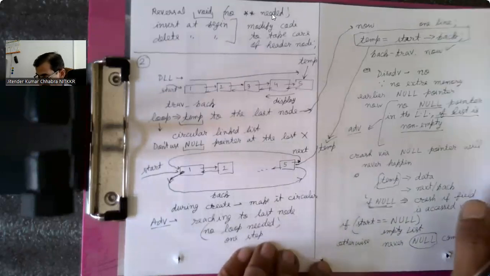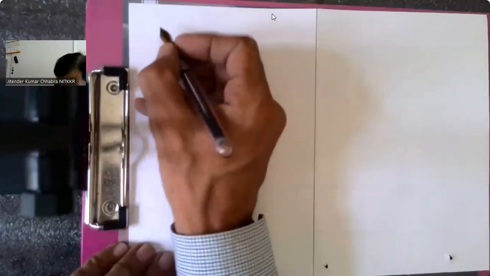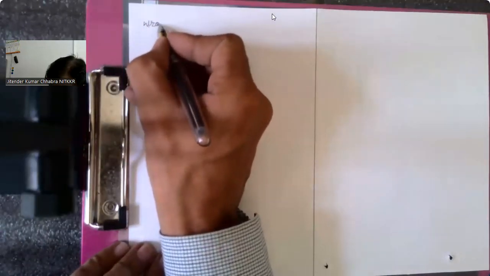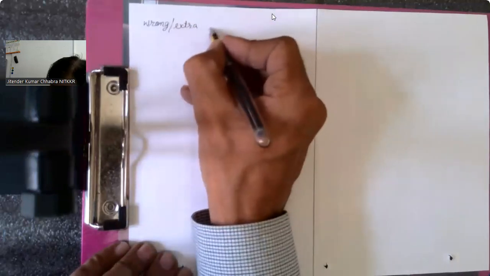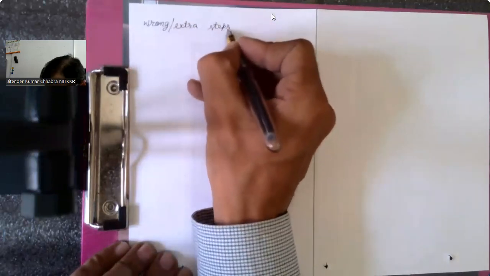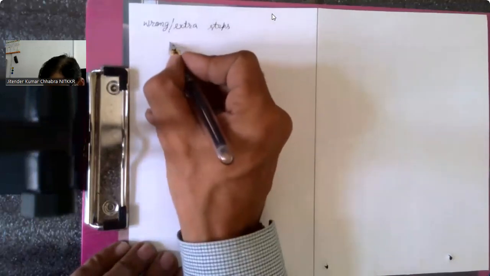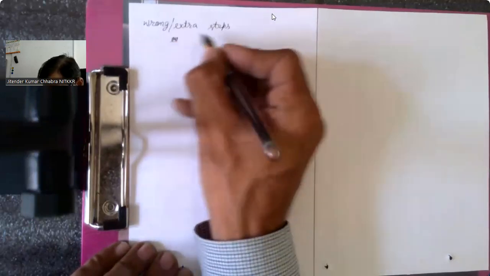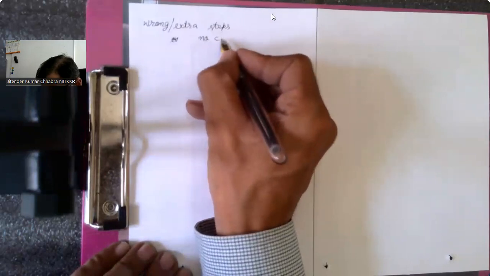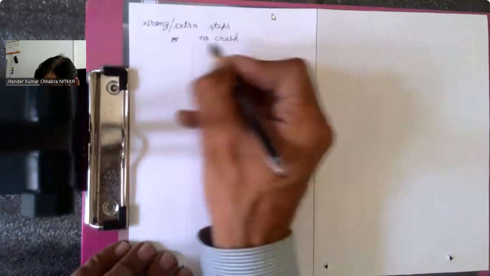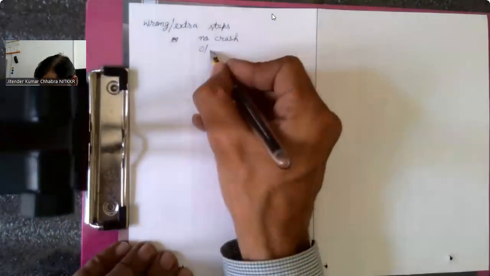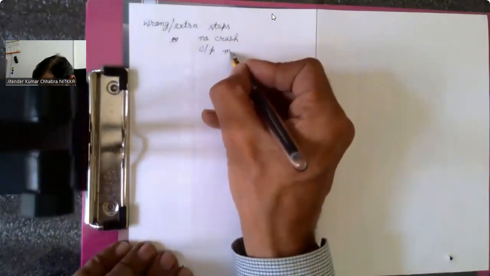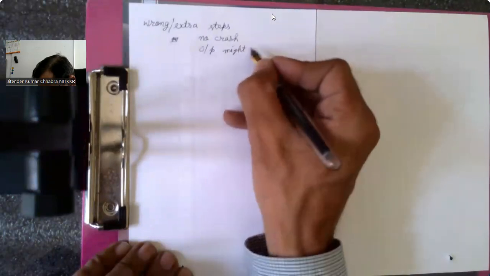Even if wrong access is done, output might be wrong. So if you have done wrong programming or wrong steps, wrong or extra looping, in that case, even with extra steps, no crash will happen. Output or looping might be extra, but the code will not crash.